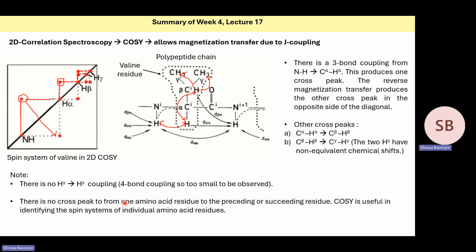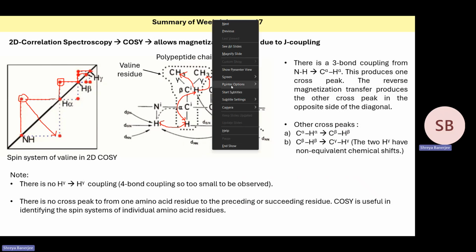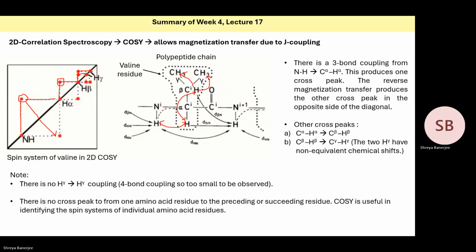And secondly, all the COSY cross peaks are within the valine. The valine residue is basically starting from NH up to CO. This entire thing is valine. So all your COSY peaks are within the valine residue.